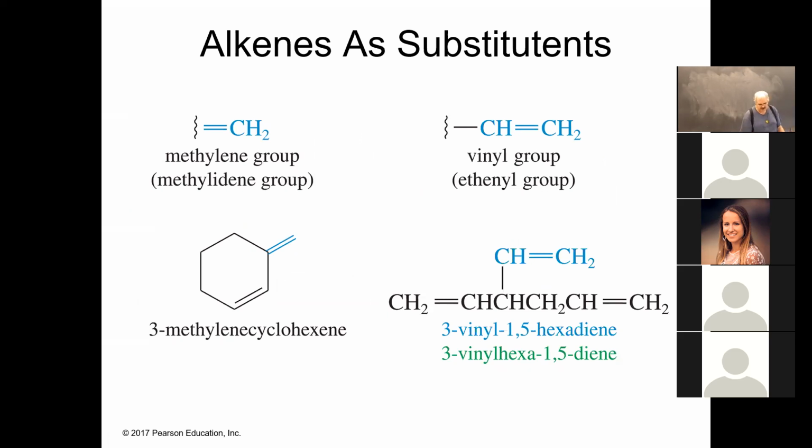We may see examples of alkenes as substituents. This is a methylene, so that's 3-methylenecyclohexene. And this is a vinyl group, or sometimes called an ethenyl. More commonly, it's called a vinyl.